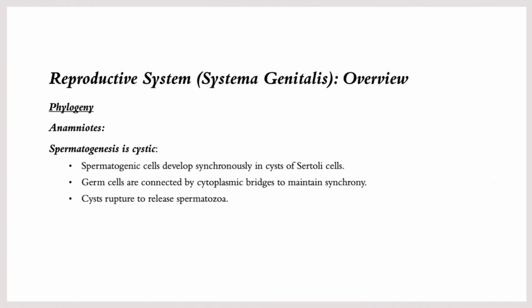So their spermatogenesis is cystic, meaning the formation of the sperms happens inside of cysts. You can think of these cysts as little bags which are inside the Sertoli cells. Now these spermatogenic cells are connected by cytoplasmic bridges, meaning that these cells are connected together through their cytoplasms.